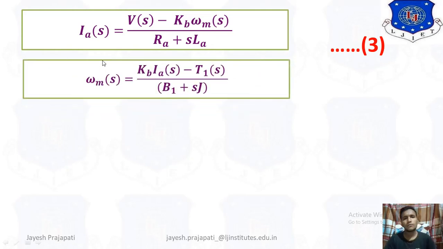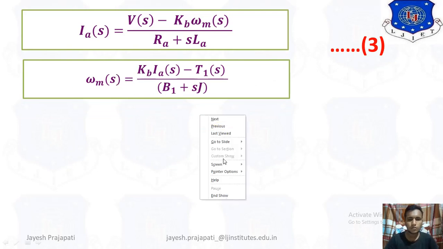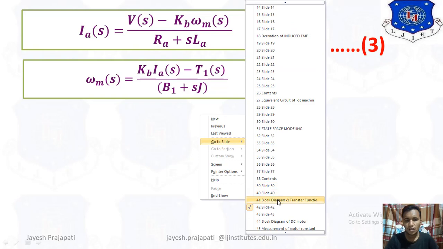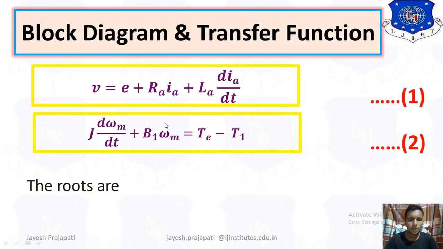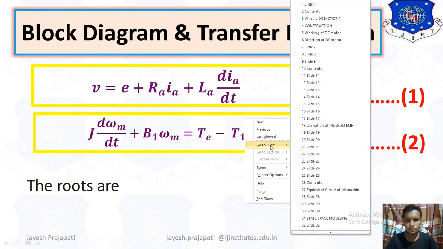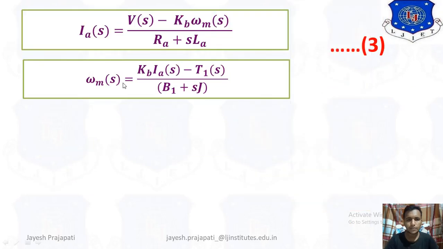Also, if we solve the electromechanical equation and make omega m the subject, then omega m(s) is equal to Kb Ia(s) minus T1(s), divided by B1 plus sJ. We have taken the Laplace transform of the direct equation. That is equation number 4.